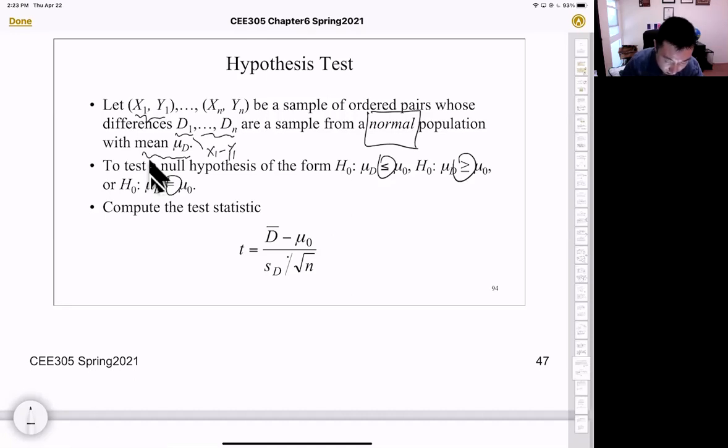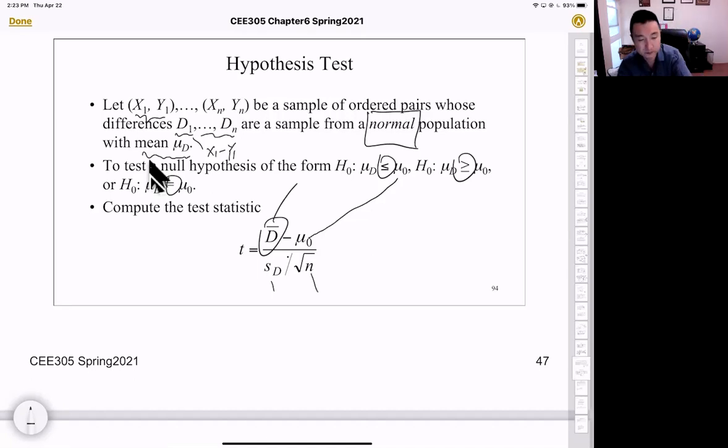Calculate the t-score. This is the sample mean for the difference, and this is the mu0, which we want to check. SD is the sample standard deviation of the difference, and n is the sample size.